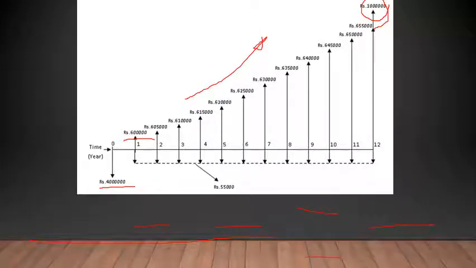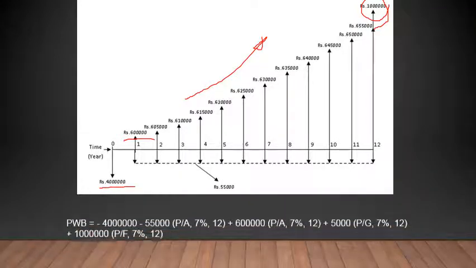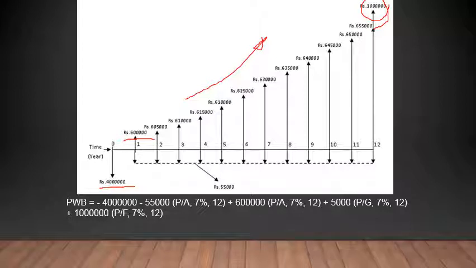Okay. Now let us solve them. Let us use the factors and solve it. Write the given data first. PWB, that is the present worth of machine B, is minus 40 lakhs because it is negative, minus 55,000. What is this 55,000?